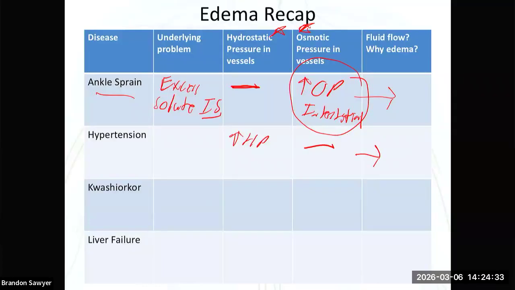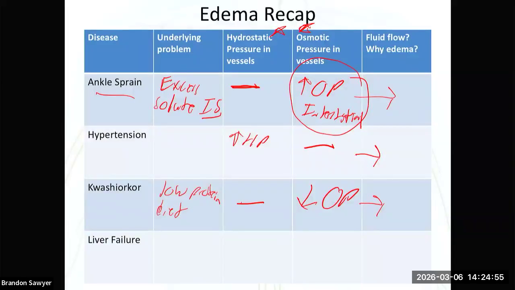Kwashiorkor is going to be a low protein diet. So the hydrostatic pressure in the vessels doesn't change much, but the osmotic pressure in the vessels goes down because we can't make albumin, and that's going to lead to the edema.